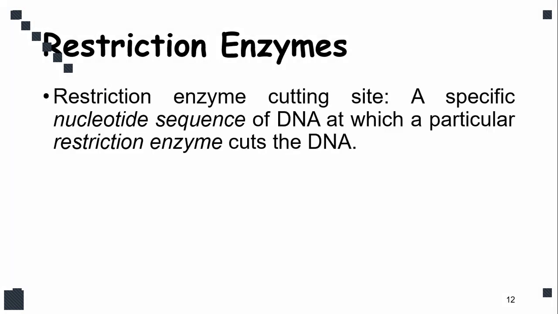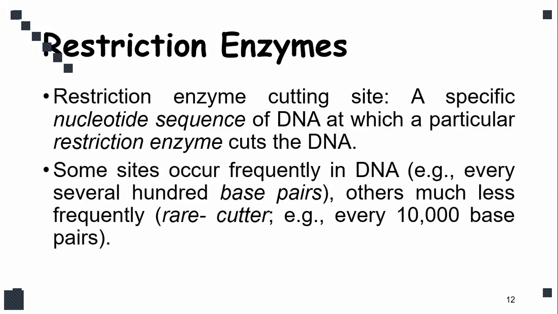Okay, a restriction enzyme cutting site is one specific nucleotide sequence in the DNA at which a particular restriction enzyme cuts the DNA. Some sites occur frequently in the molecule, every several thousand base pairs, others much less frequently, so rare, for example about 10,000. So now see the story.